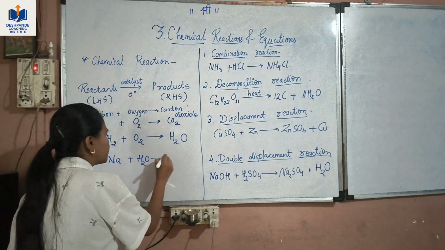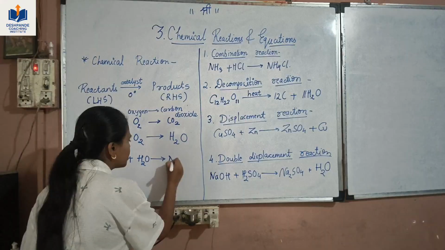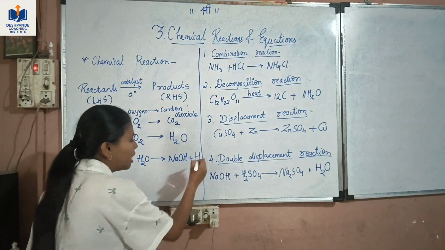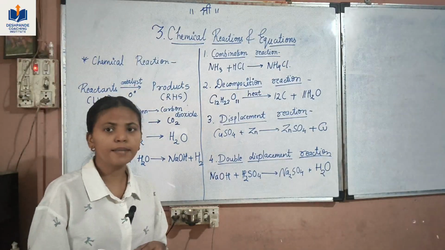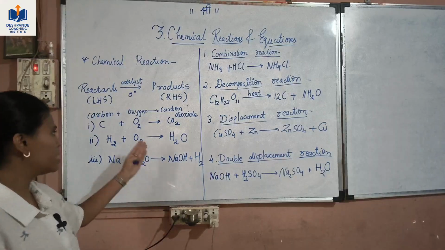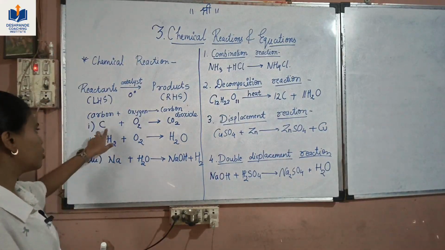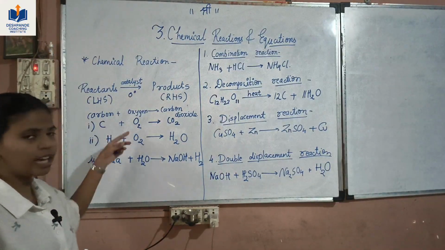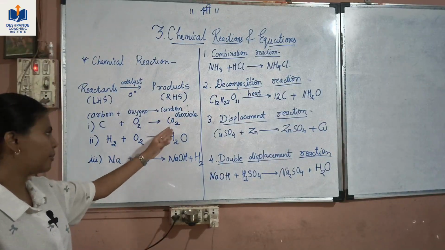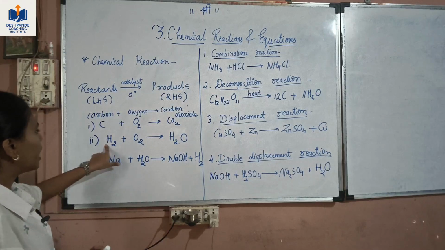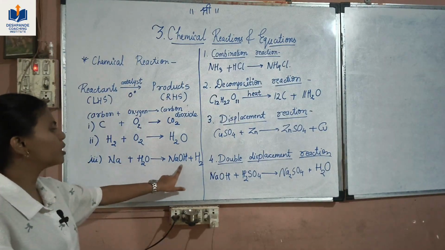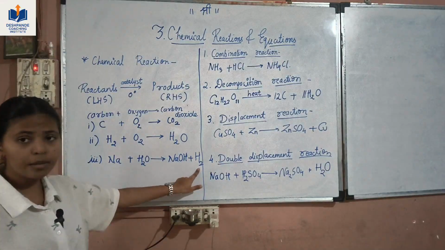When sodium reacts with water, it forms NaOH and it gives H2 gas. In these chemical equations, we can find which are the reactants. Whatever is written on the left side are all reactants, and whatever is on the right side are all the products of the chemical reaction. So hydrogen plus oxygen makes water, and sodium reacts with water to form sodium hydroxide, and hydrogen is liberated.